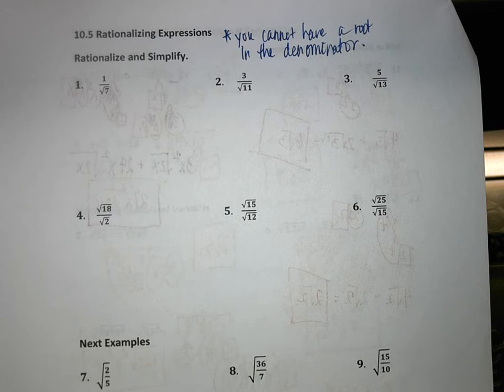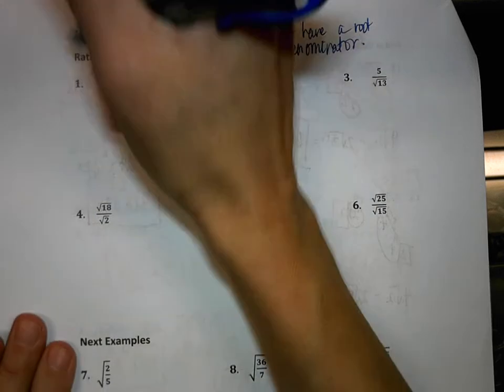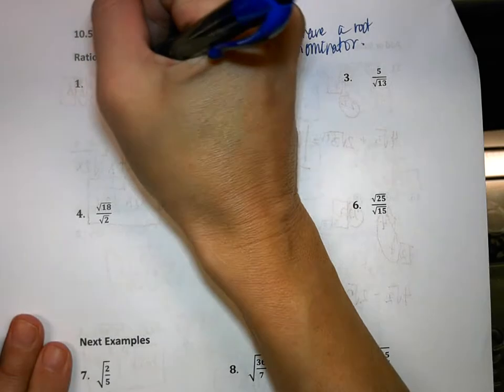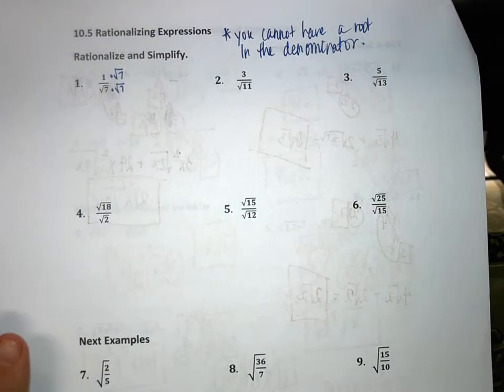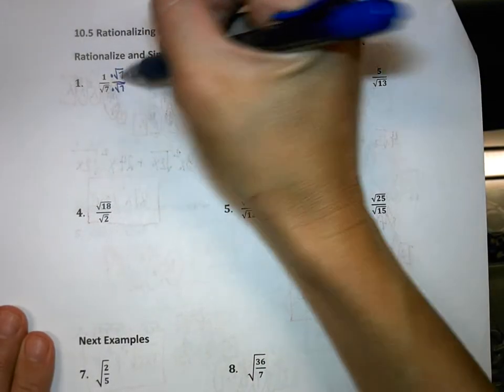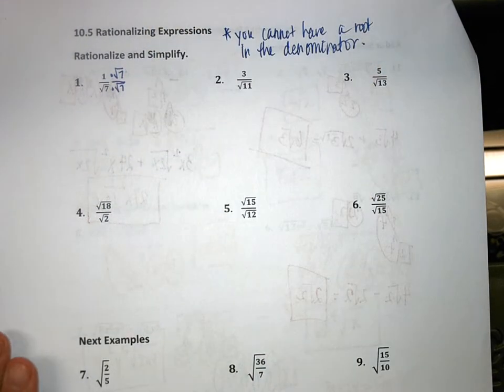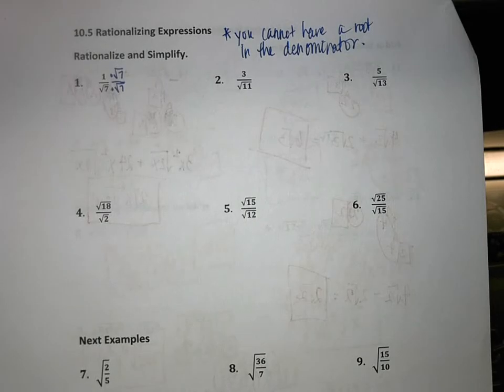Because if I had a root 7 and a root 7, that makes a pair of 7s, which would just make the number 7. Okay, but if you do something to the bottom, you always have to be fair, and you also have to do it to the top. And if you think about this, what is root 7 divided by root 7? 1, right? And you can multiply anything by 1 and it actually doesn't change it, right?